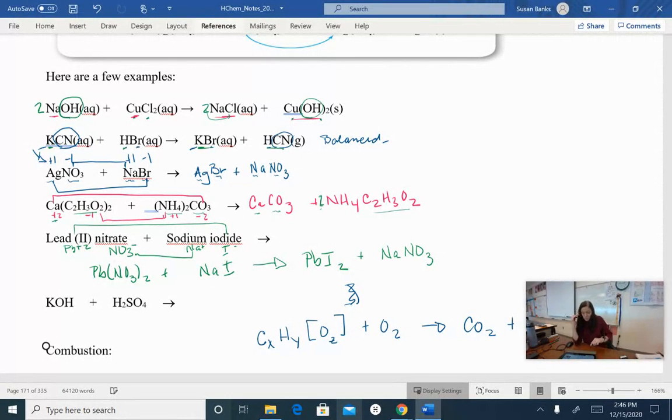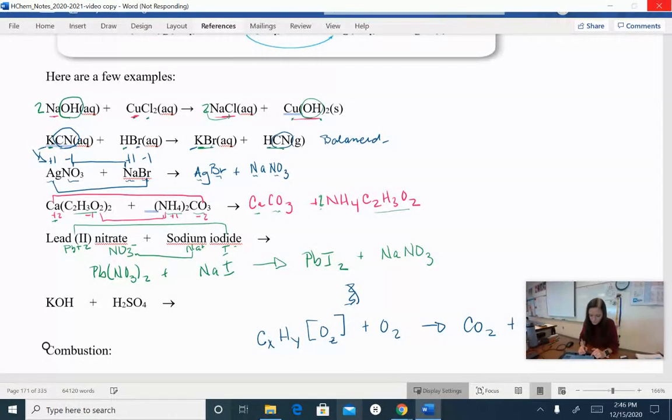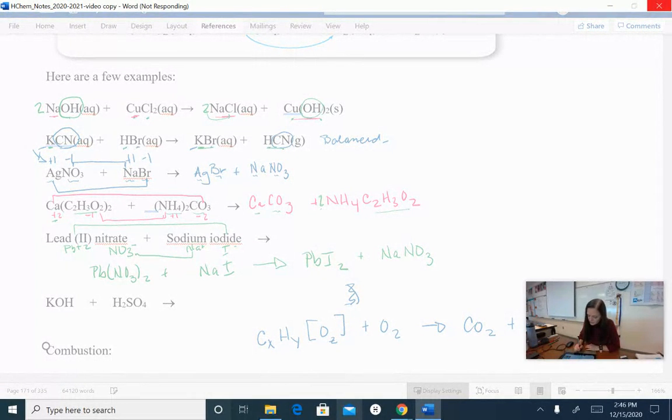Okay, so I've got one lead and I've got one lead, so I'm okay. I've got two nitrate groups here and I've got one nitrate group. So I need to multiply this nitrate group by 2. So sodium nitrate needs to be multiplied by 2.